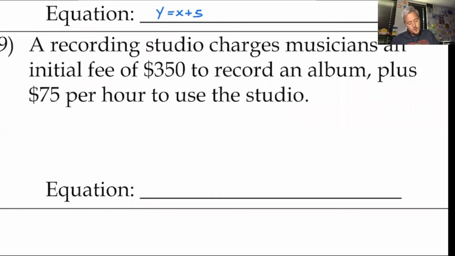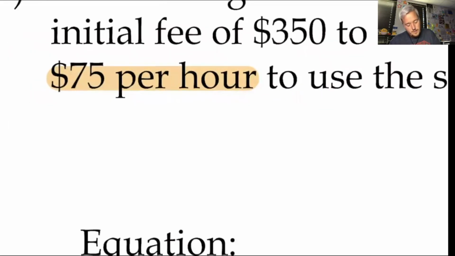So a recording studio charges musicians an initial fee of $350 to record an album plus $75 per hour to use the studio. So automatically right here, we have $75 per hour. So that key word here is going to be per. So that tells you that 75 is going to be your slope.